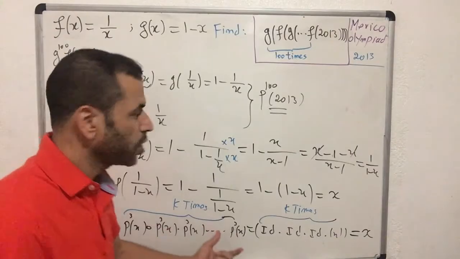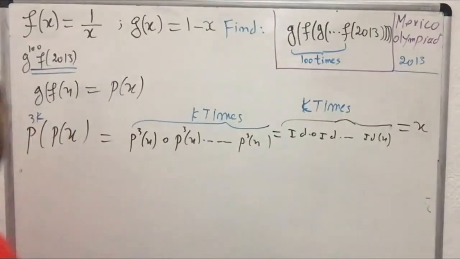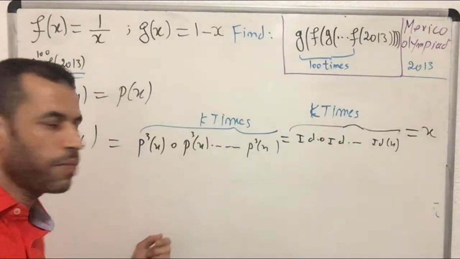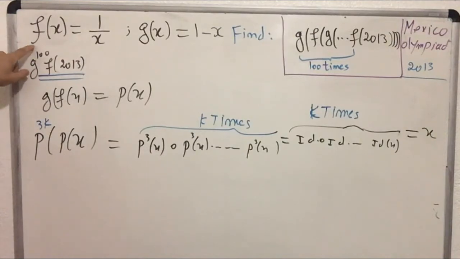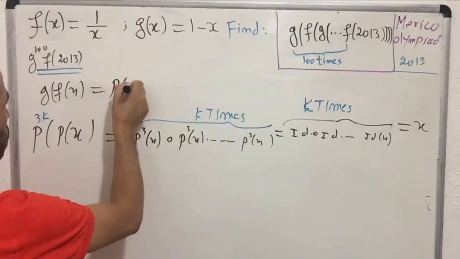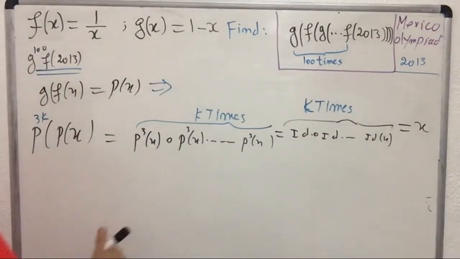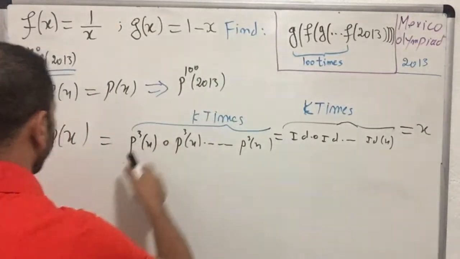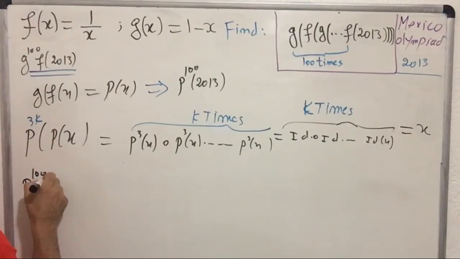Let's clean the board, bring this one to the top, and continue with our problem. So now, at the final step, the question is to evaluate g of f 100 times of 2013. So now I'm going to evaluate p 100 times of x.